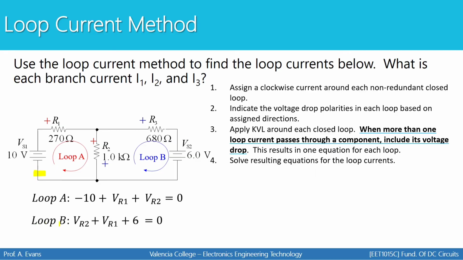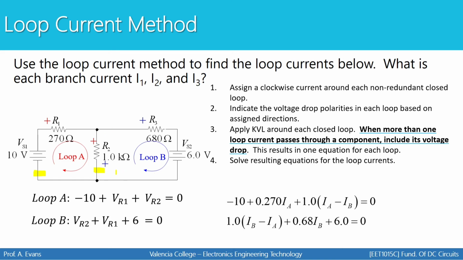I'm sorry, my loop B is here. I'll do that first. So loop B, if I start right here and go around the loop this way, here's my equation for loop B. Now I'm going to take each of these equations and fill in VR1 and VR2 with their equivalent.